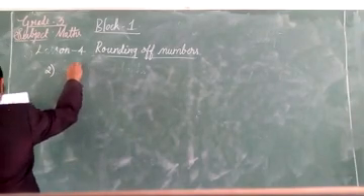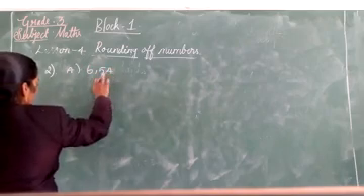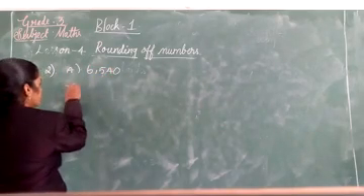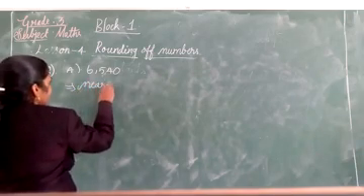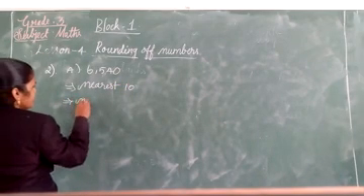The first one, 6540. What we should do? We should round off this number to the nearest 10 and then the nearest 100.